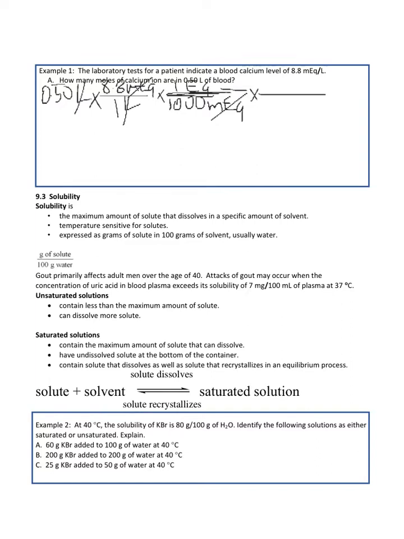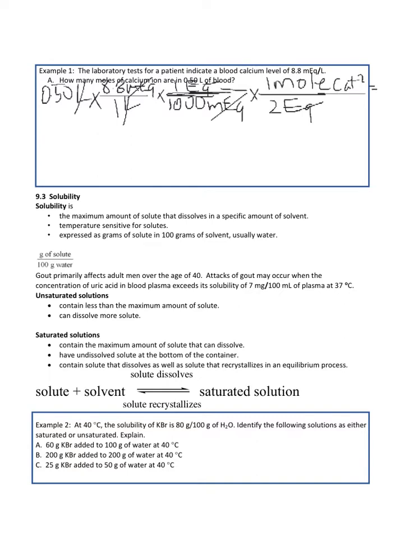Well, calcium comes from group 2, and so therefore a calcium ion has a charge of +2. So in 1 mole of calcium ion, we have 2 equivalents. 2 equivalents per mole. So this gets us to moles of calcium.